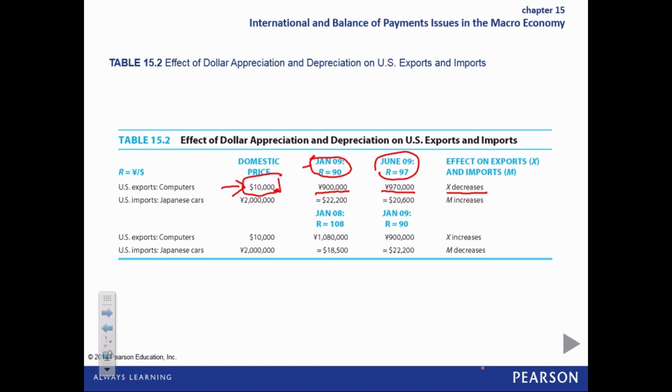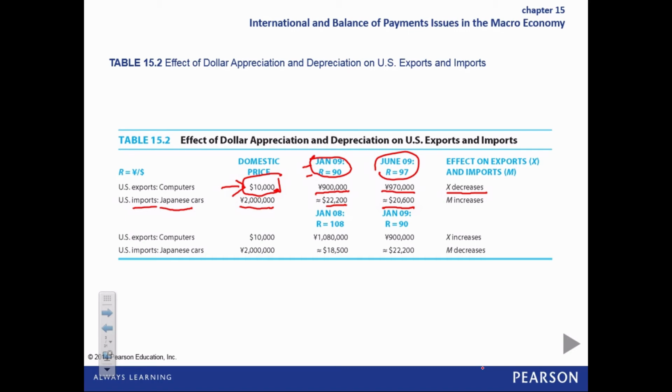Now, from the point of import of a Japanese car, a 2 million yen Japanese car in January of '09, when the exchange rate was 90, would have been $22,200 for us to buy. 6 months later, it was only $20,600, right?